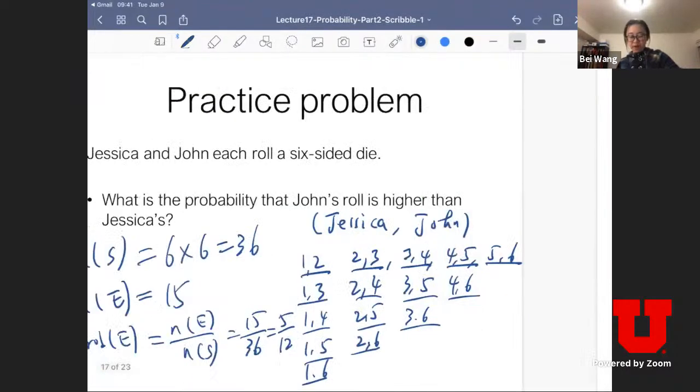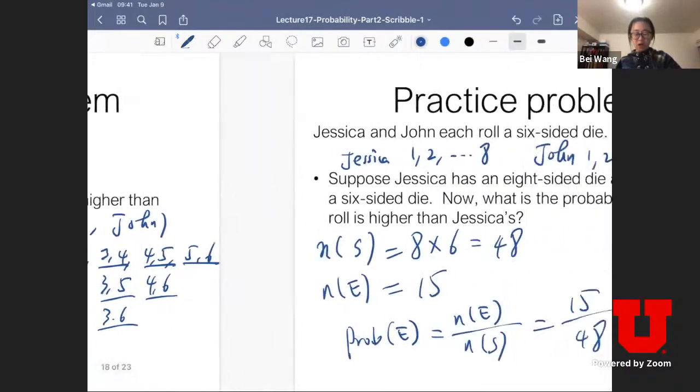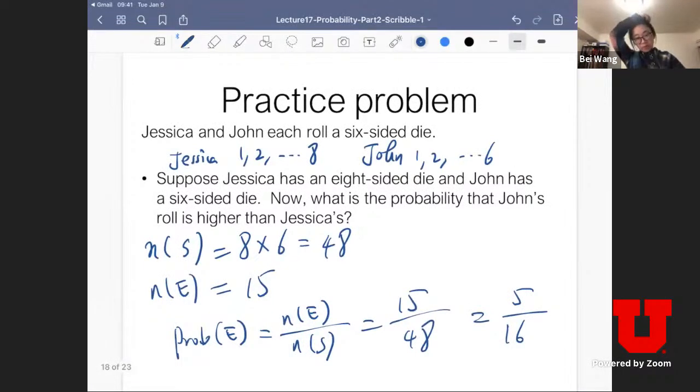Comparing 5 over 16 versus 5 over 12, the probability decreases because the size of my sample space increases when Jessica has a die of 8 sides.